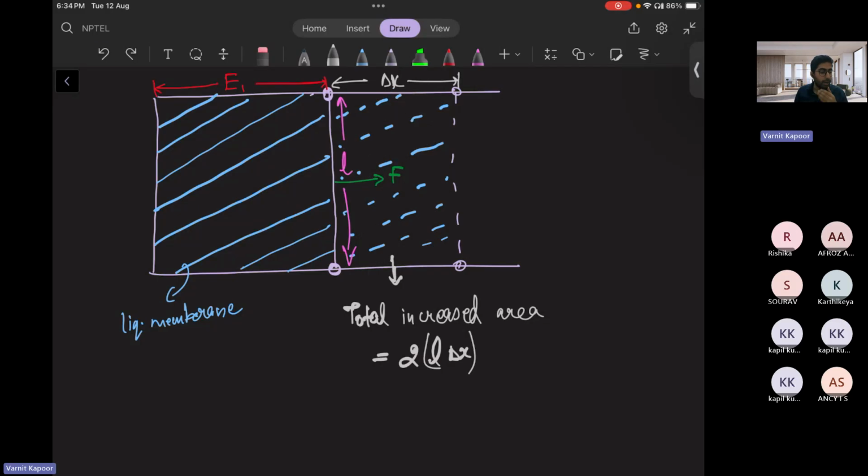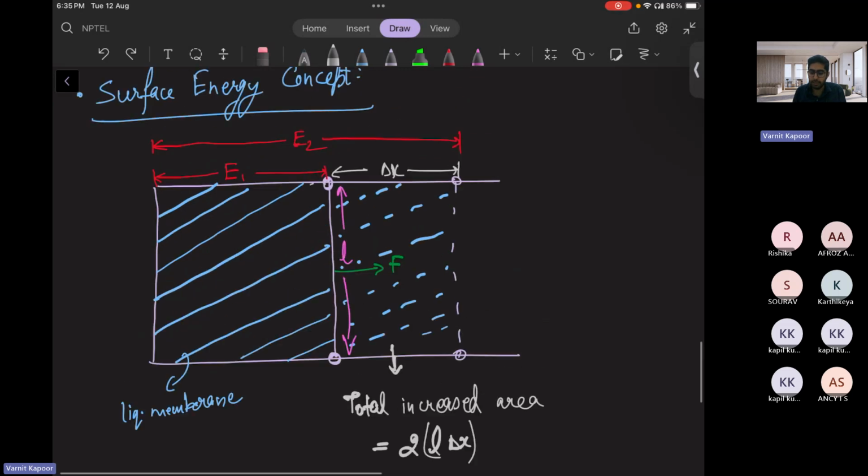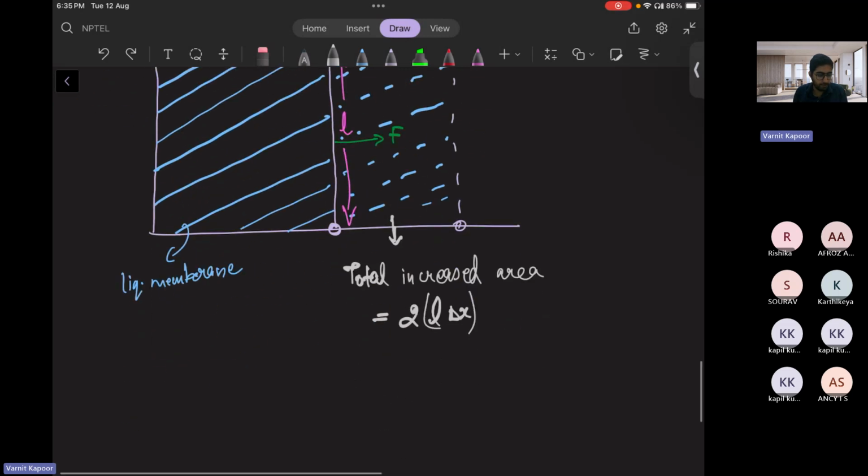Now you tell me, what is the work done to create the increased area? You have increased this, so you have done some work on the system, which is stored in the form of surface energy. That is E1, E2.